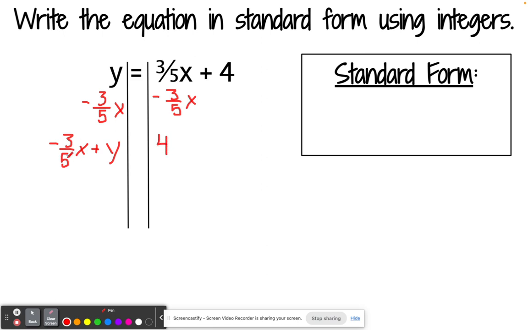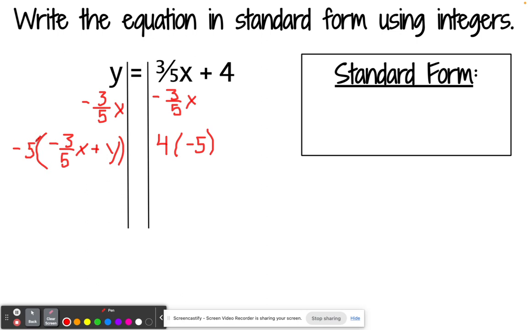Well, the easiest way to get rid of this 5 down here is to multiply by 5. So that's what I'm going to do. I'm going to multiply by 5 to get rid of that denominator. But I also have a negative to get rid of, because this can't be negative. So instead of just multiplying by plain 5, I'm going to multiply by negative 5. That will get rid of the negative and the 5.